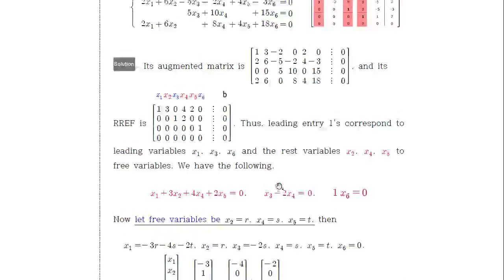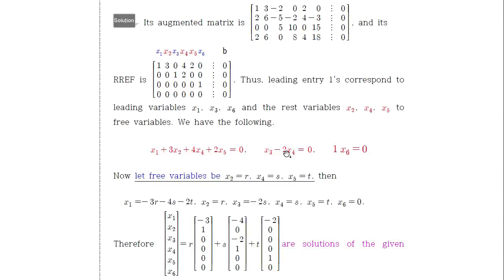Here, 1 x3 plus 3x2 plus 4x4 plus 2x5 is equal to 0. Okay. So we have this linear system of equations.